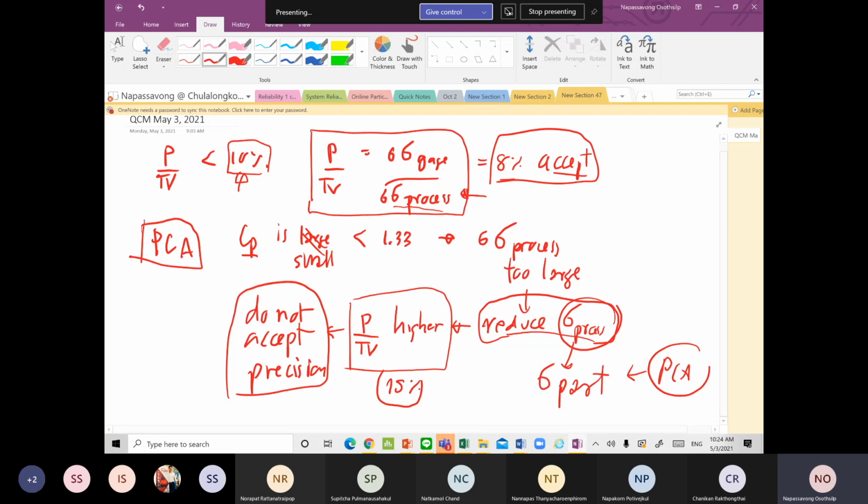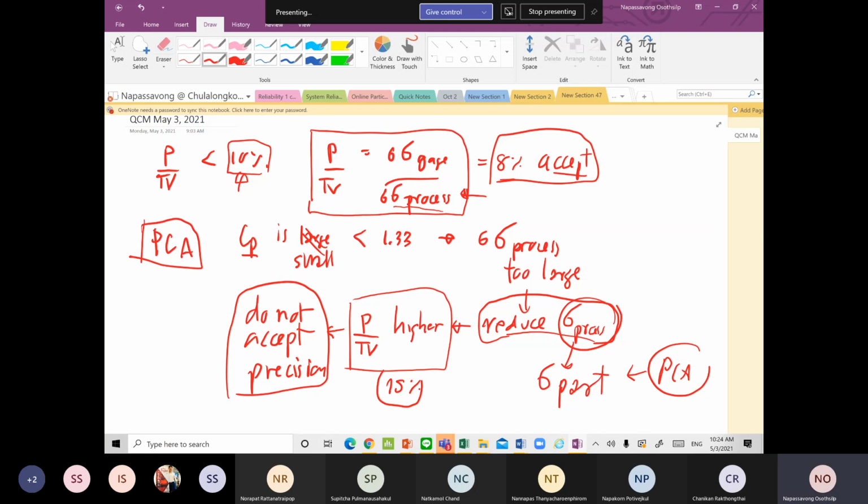For example, the same method for each operator to make parts, the same setting of the machine over different parts, the same working methods. With that standard, we can reduce the variation of the parts, right?